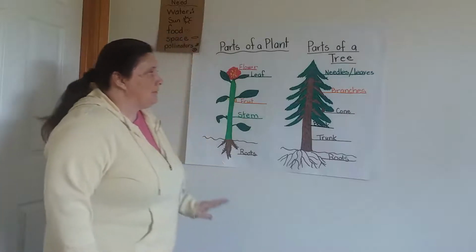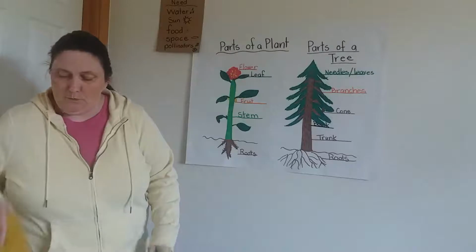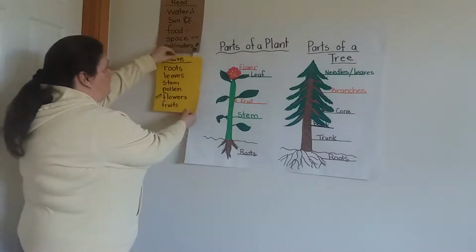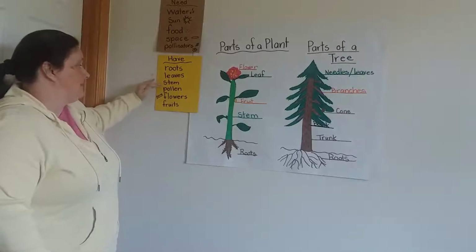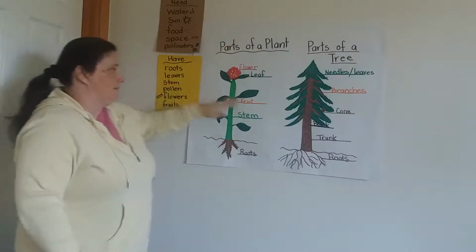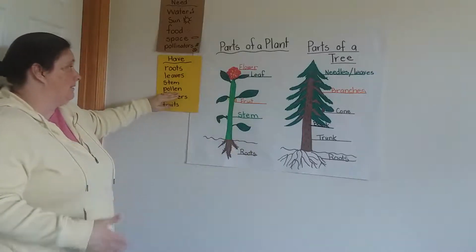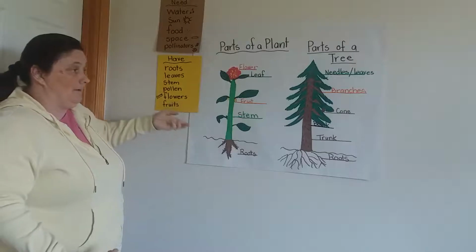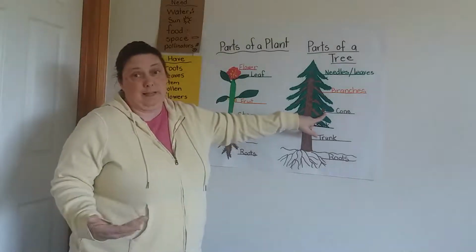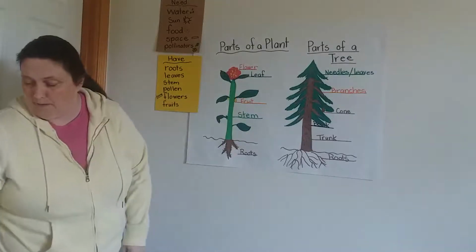Okay, so we know what plants need, and we know their parts. We know that they have roots, leaves, stems, and in the case of a tree, they have a trunk. They might have flowers with pollen, and fruits, or in this case, a cone to hold the seeds, okay?